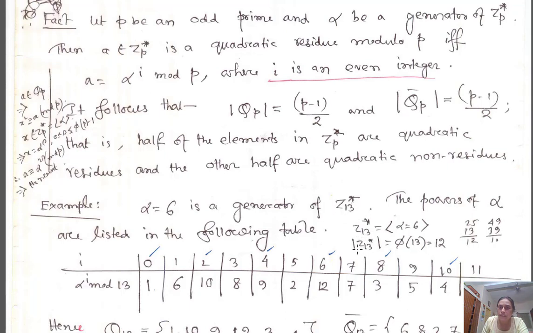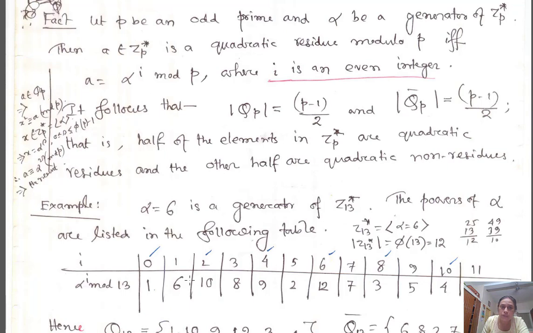Phi 13 is 12, so phi n minus 1 means 11. So take the powers from 0 to 11 and raise 6 to those powers.